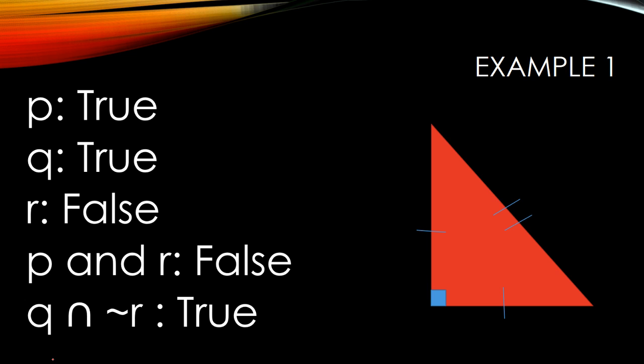Q is true, and not R, R is false, so not R is true. True and true is true. Here, of course, true and false is false. And means they both must be true for it to be true.